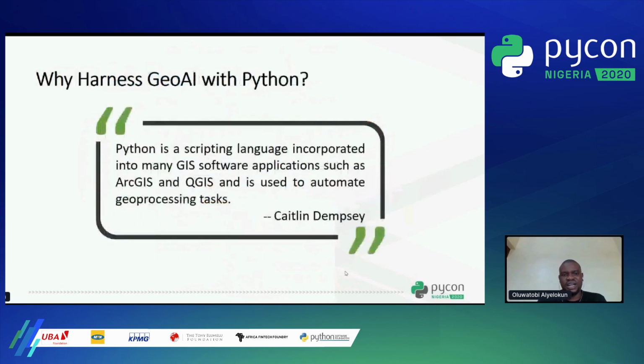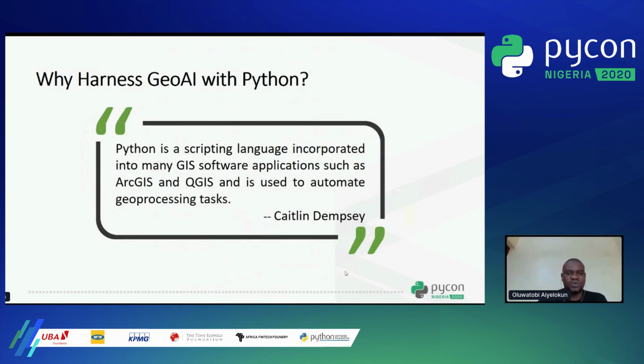So why are we harnessing GeoAI with Python? Python is a scripting language incorporated into many GIS software applications, and this is found in the main tools we have out there, which are ArcGIS and QGIS. These software packages have embedded Python as their core programming language.